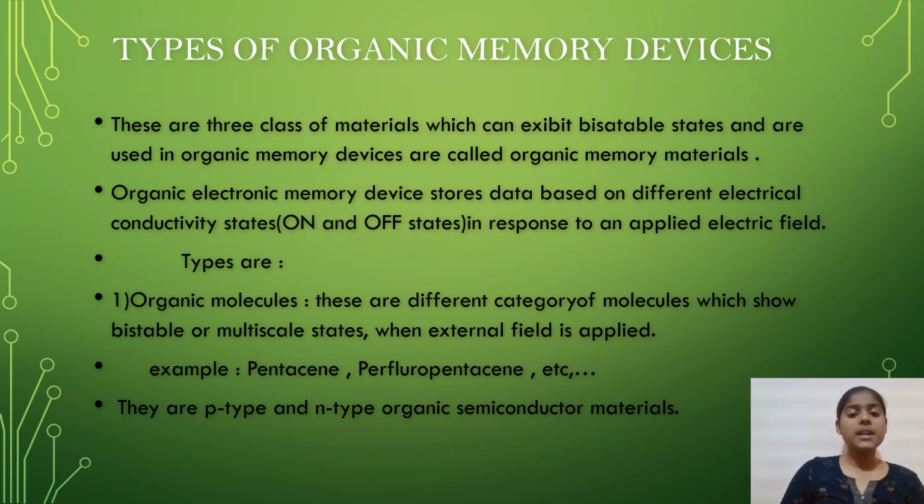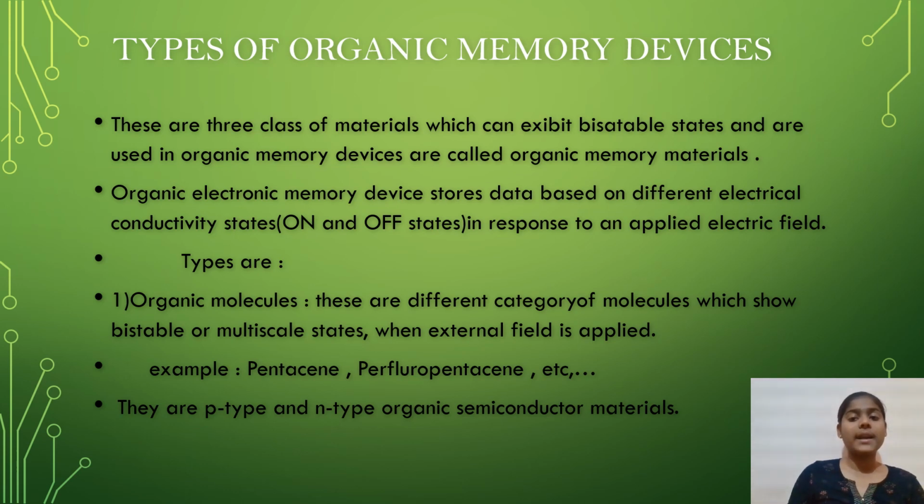There are three classes of materials which can exhibit bistable states and are used in organic memory devices, called organic memory materials. Organic electronic memory devices store data based on different electrical conductivity states, that is on and off states, in response to an applied electric field.